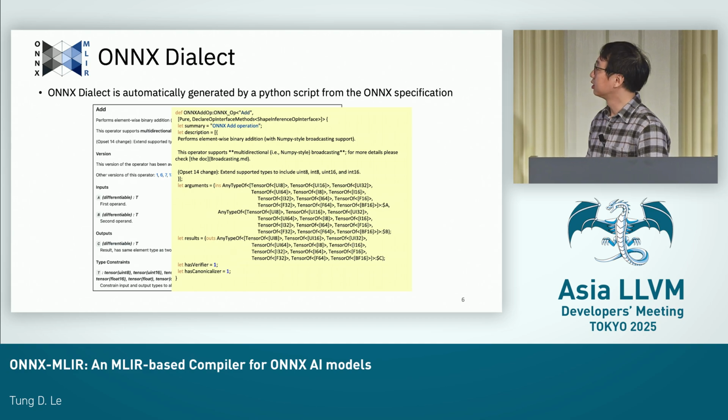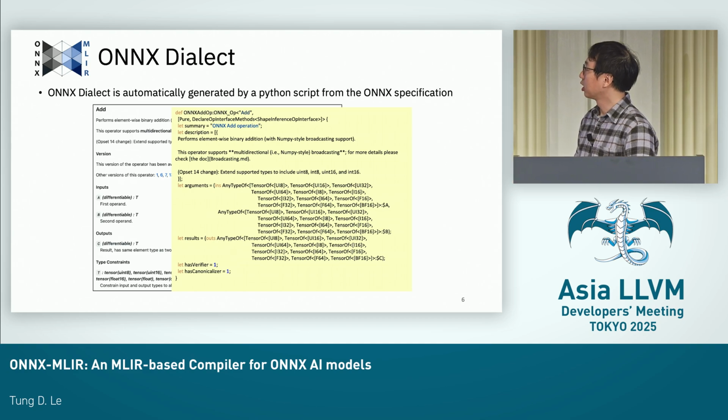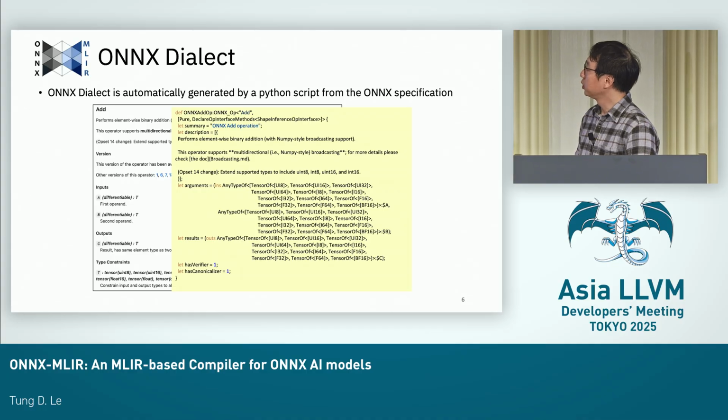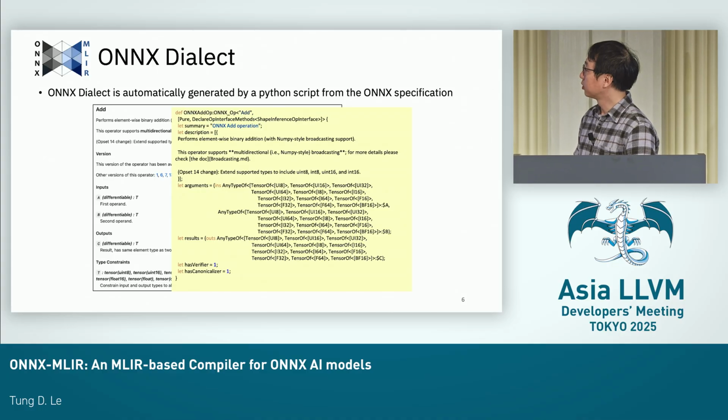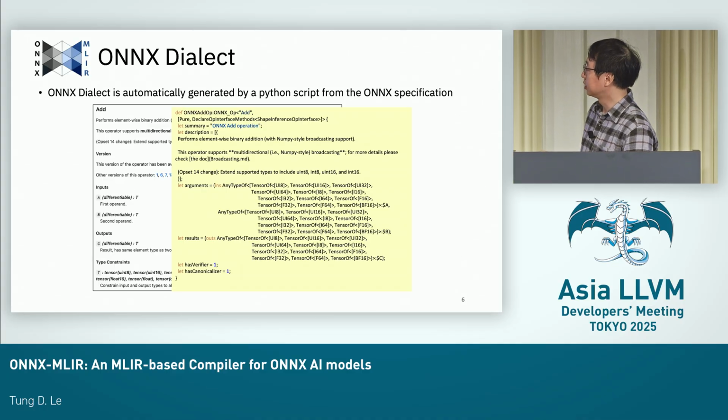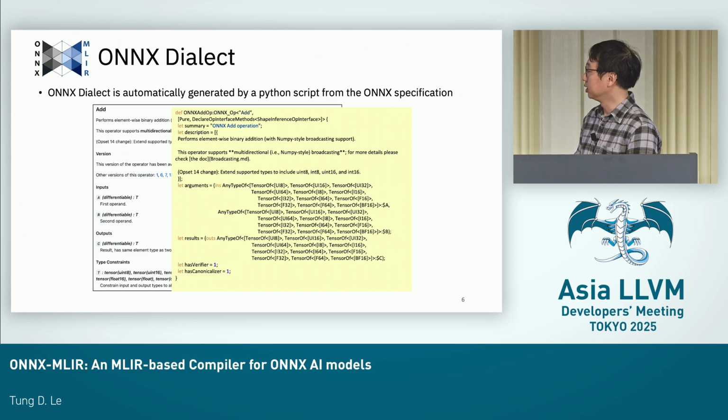And this is the definition of the operation in MLIR. The description comes from the specification, and the arguments come from the inputs, outputs, and type constraints. You can see that we can have a lot of types here. And apart from that, we add shape inference to the operation, as well as a verifier and canonicalizer.